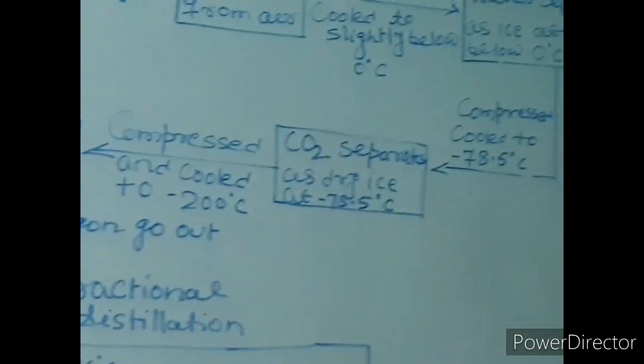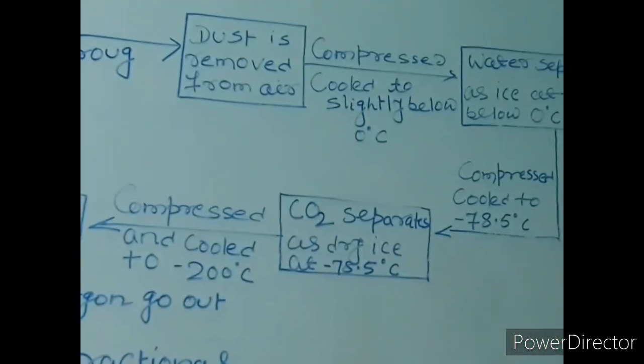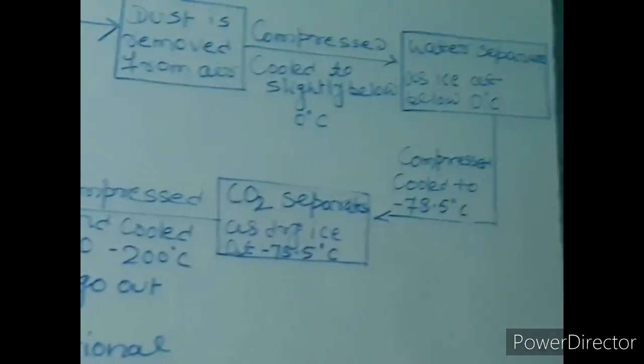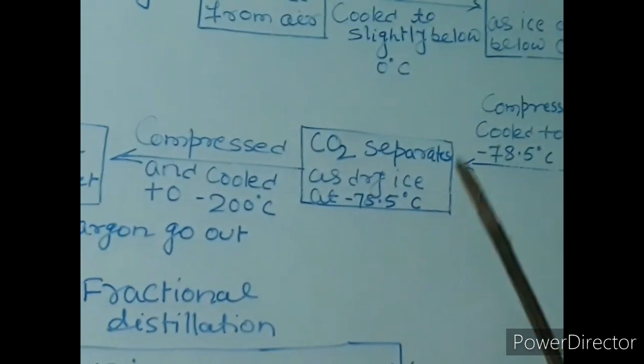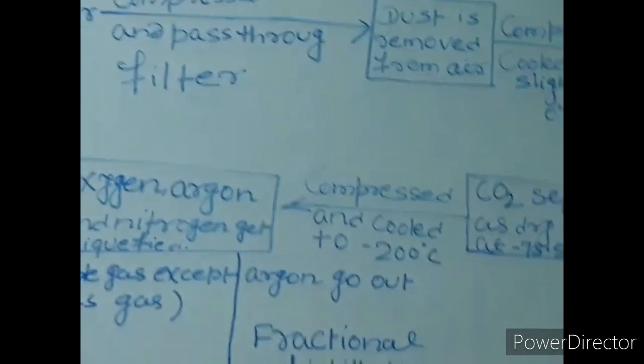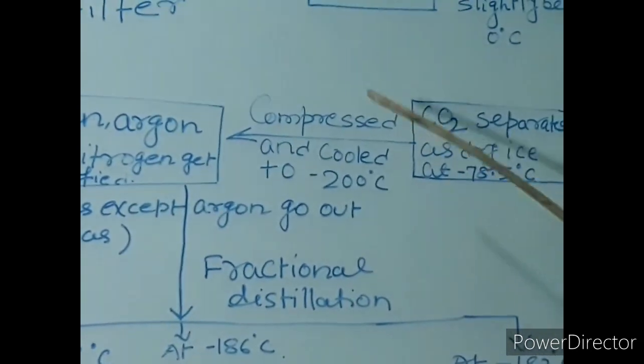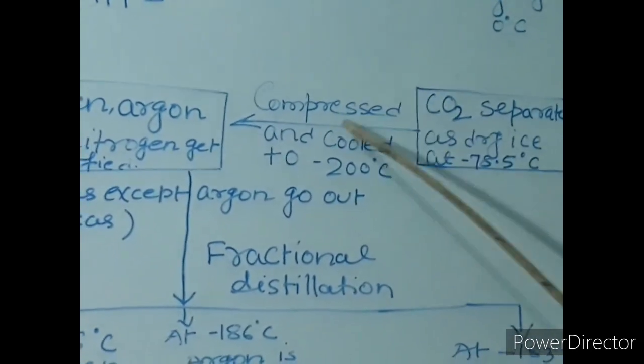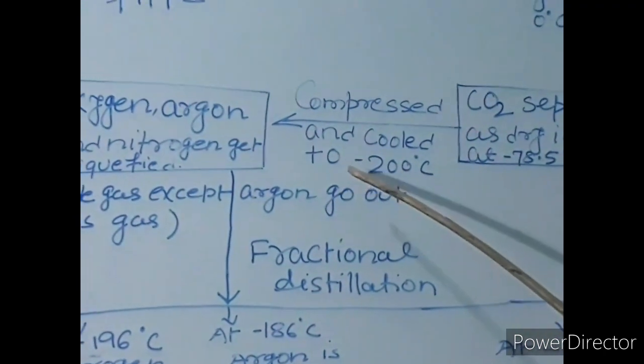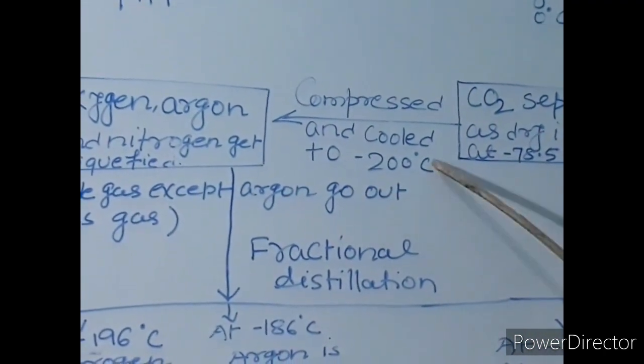Now your compressed air is free from dust, humidity and carbon dioxide. Three of the components you have removed. Now next step, keep the compressed air at minus 200 degrees Celsius.